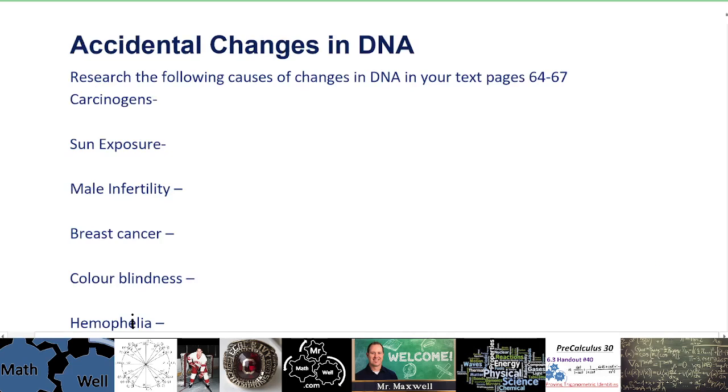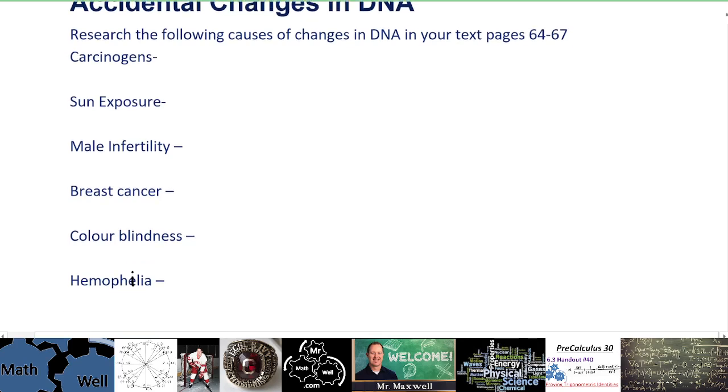In your textbook, there's a whole section on accidental changes in DNA. Now, when we talk about carcinogens, what are carcinogens? What does overexposure to the sun cause? What is male infertility? What is breast cancer, color blindness, hemophilia?